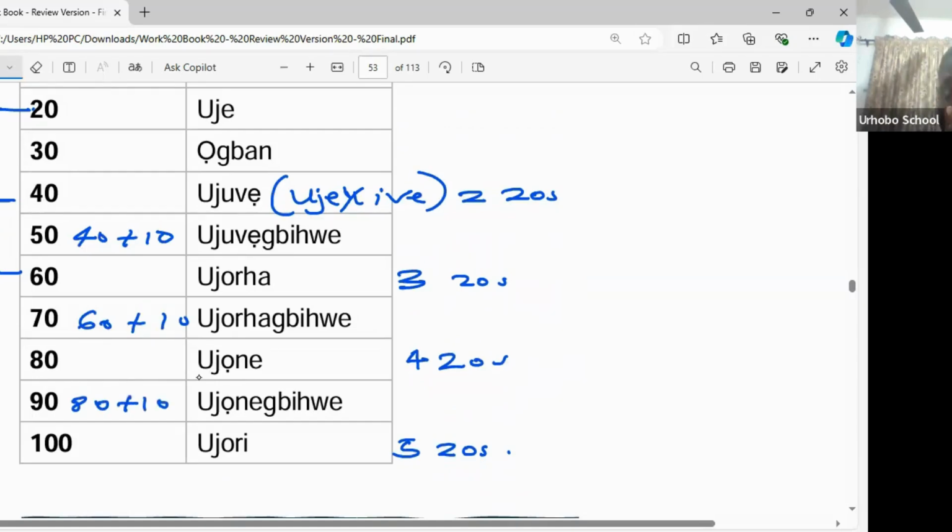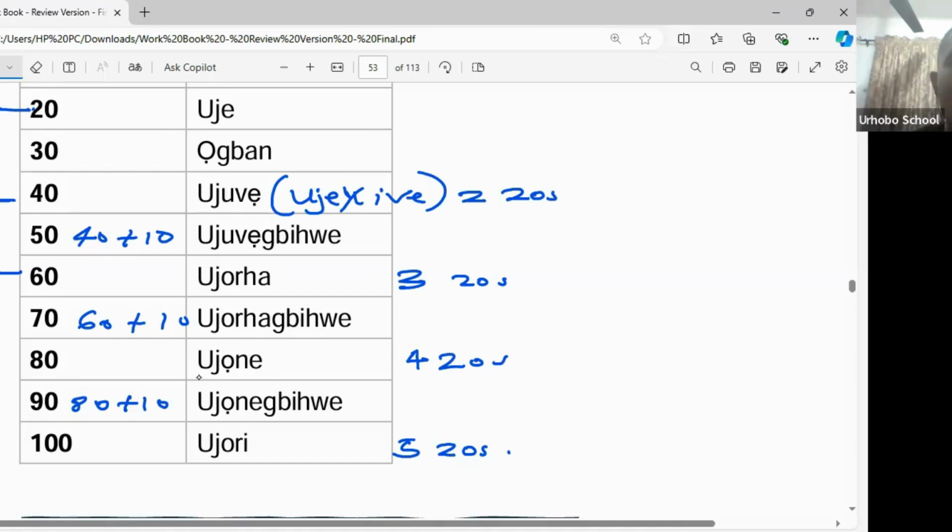So once you know Uje, you know 40, 60, 80, 100, and also 50, 70, and 90, which are the odd numbers we count in tens.